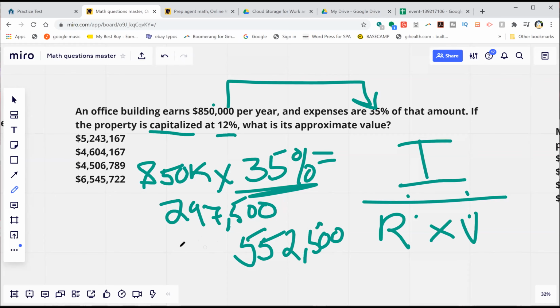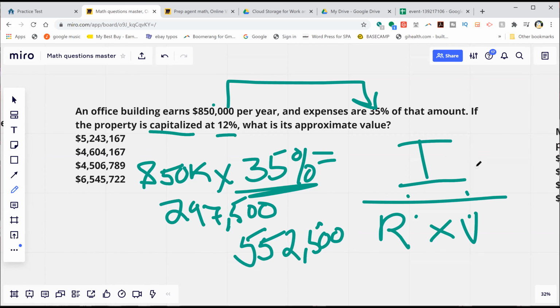Because here's what you're going to learn with this problem, okay? That the 850,000 is the gross income. I'm going to explain why we're subtracting and not multiplying and dividing. And this is why you have to use your critical thinking skills.